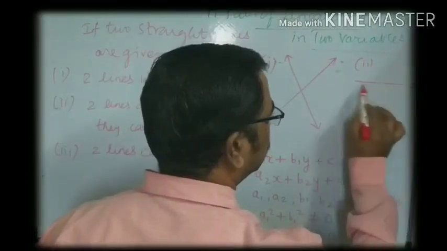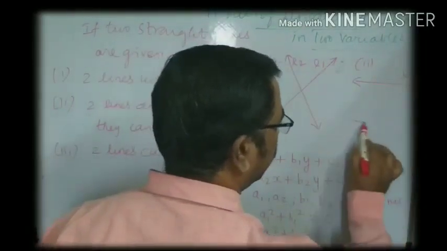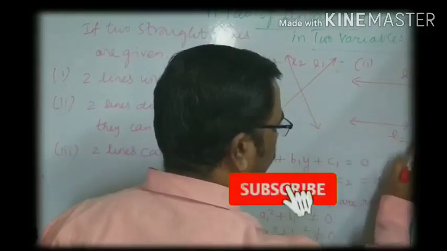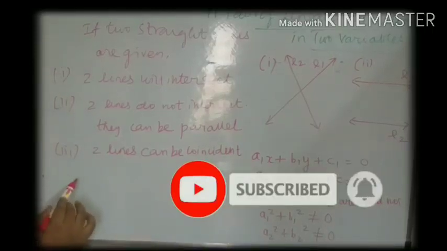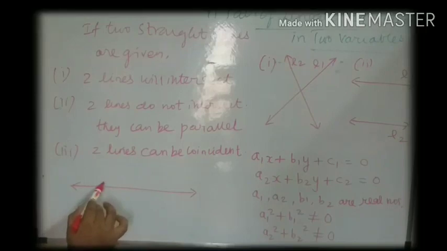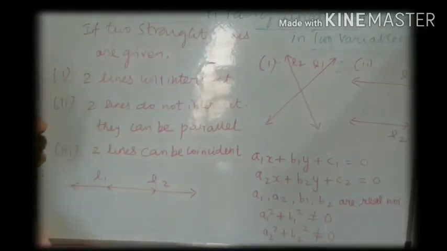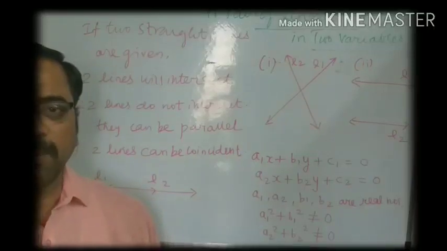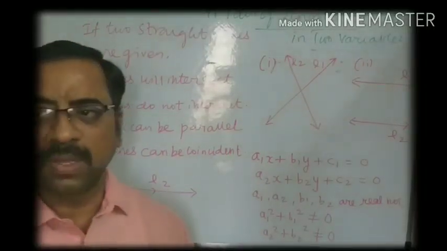In the second case, this is line L1, line L2. Here they are not intersecting, they can be parallel. And the third case can be both L1, L2 are coincident. It can be like this. So these are the three cases that can happen when we have two lines on a plane.